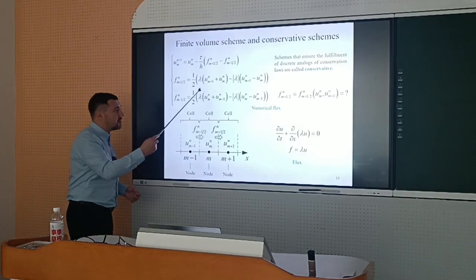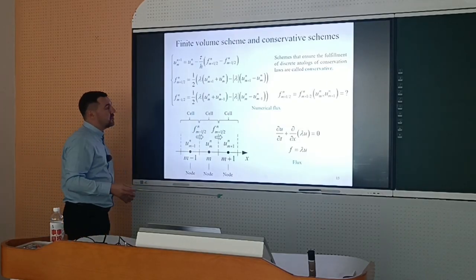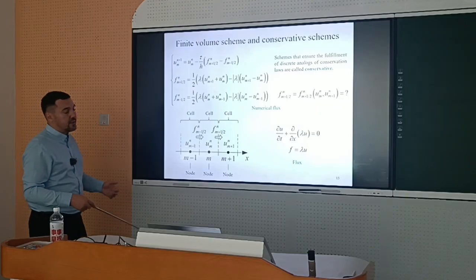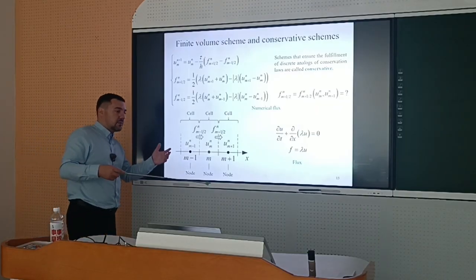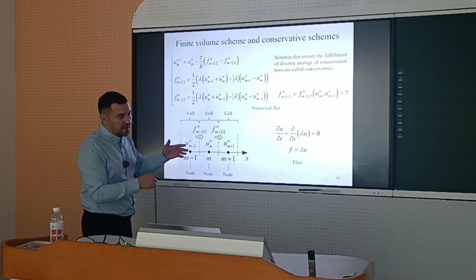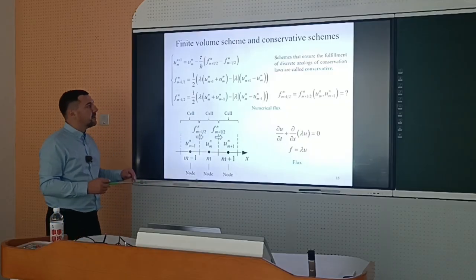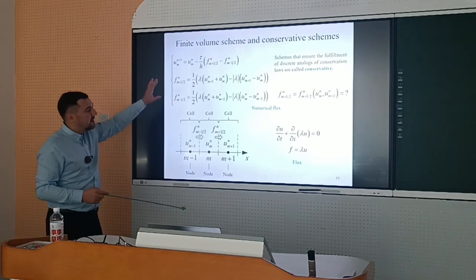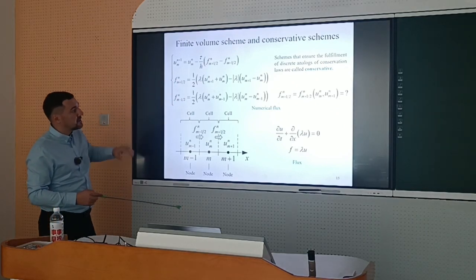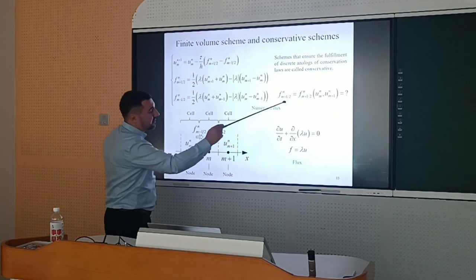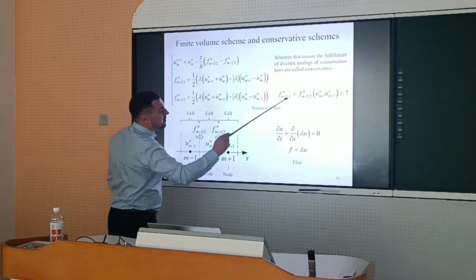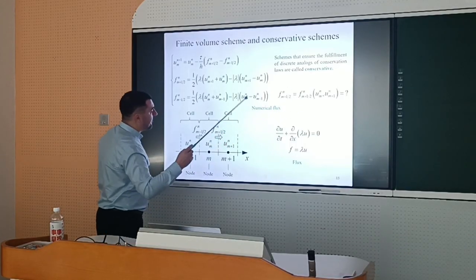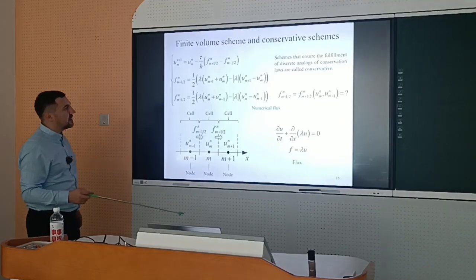This numerical flux corresponds to the Courant-Isaacson-Rees scheme. But actually, I will show you that other numerical schemes can also be written in this form. And the only difference will be in the formula for numerical flux. So how can we compute this numerical flux? Here is just the example for the Courant-Isaacson-Rees numerical scheme.